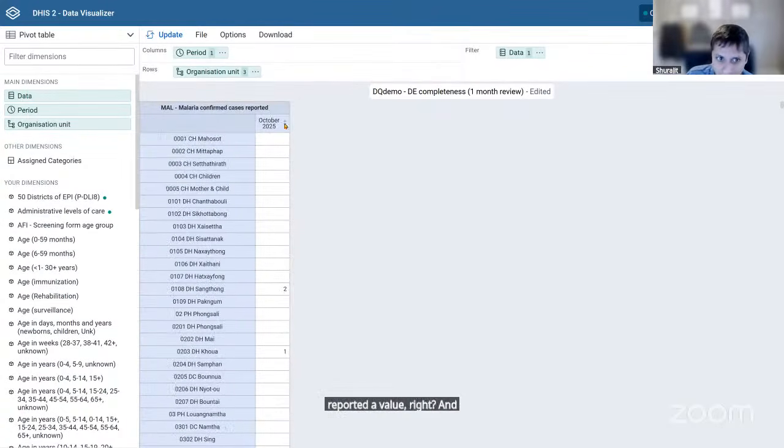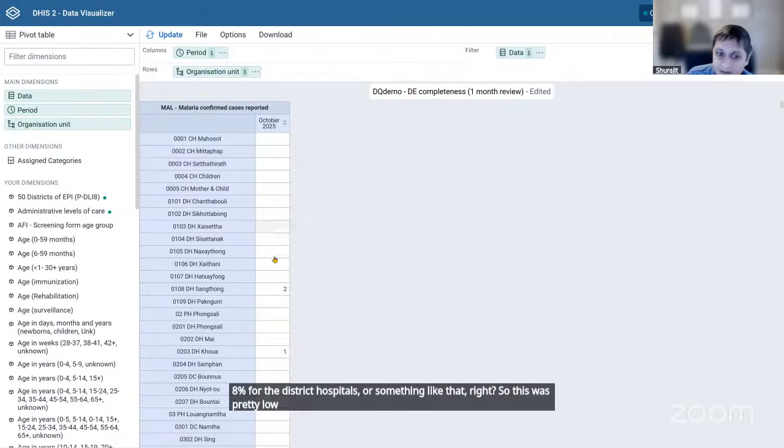And I'll just arrange this again. And now we have a lot of blanks, right? So here we see facilities that didn't submit a value, right? And this is contributing to that completeness that is low, right? Where we only saw 50% for primary health centers and 58% for the district hospitals or something like that, right? So that was pretty low, and this is because facilities are not submitting a value. So they have to submit a value in order for this to be marked as complete.